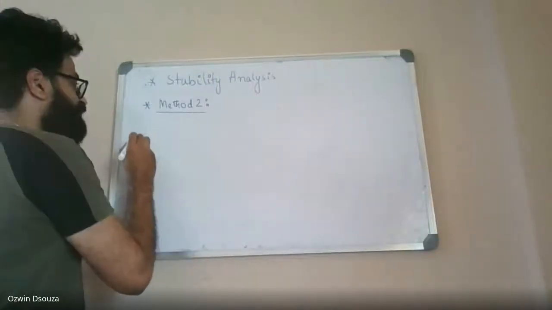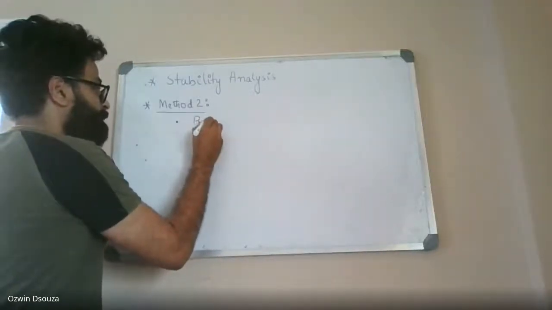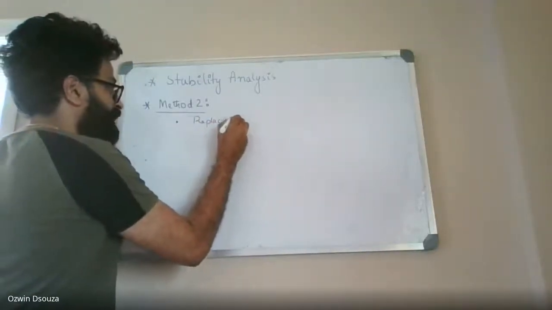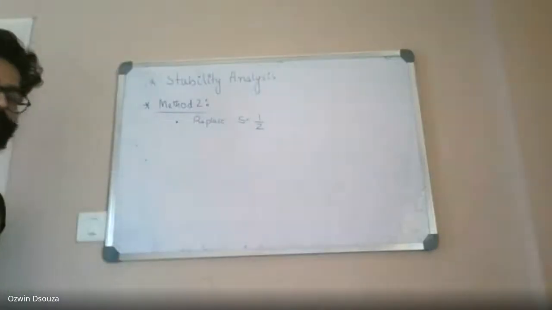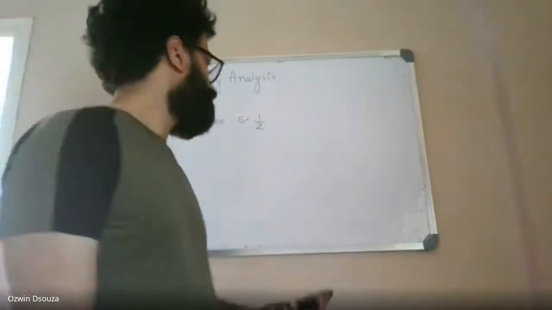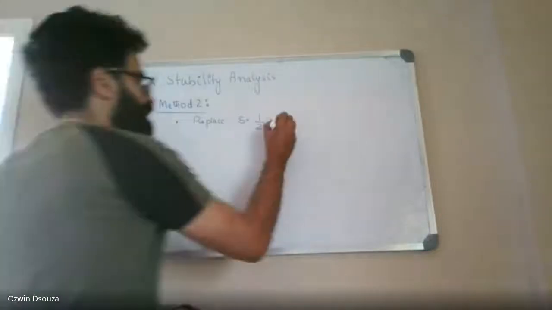In method 2, as a first point, replace S with the new operator Z. So replace S with 1 by Z.